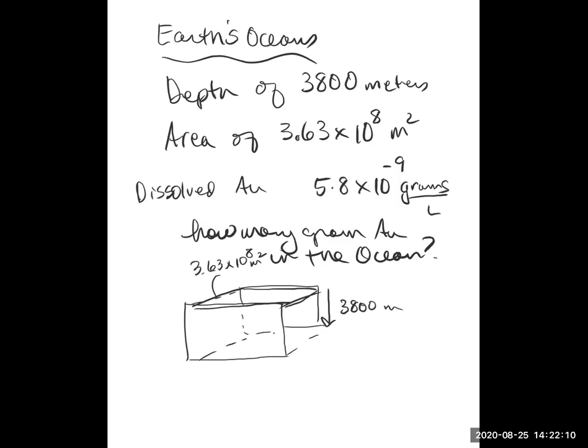What we want to think about here is we want to end up with grams. So we're going to have a bunch of conversion factors, and then we want to end up with only grams in the answer.